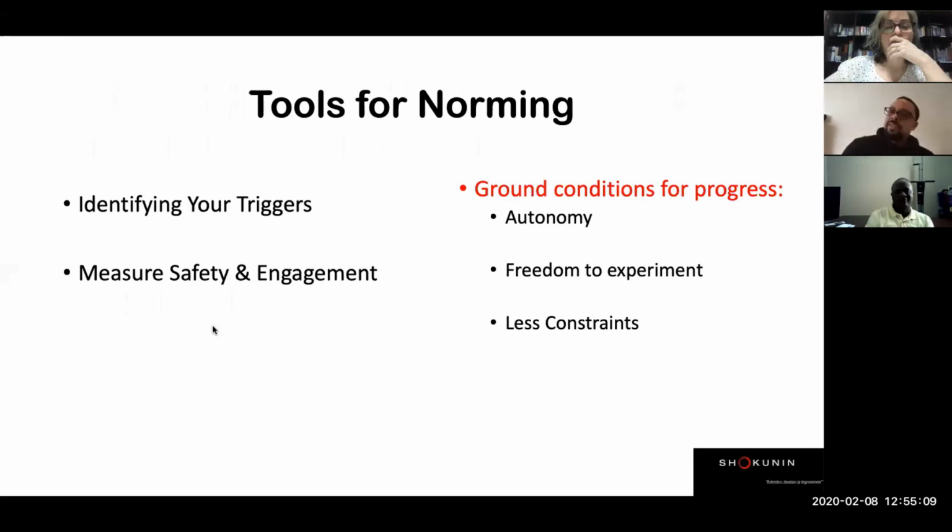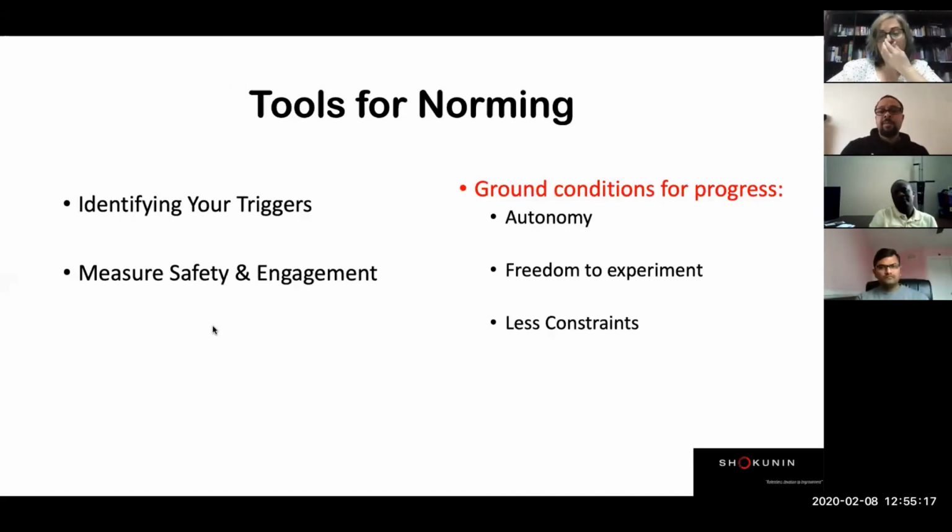One is triggers. I know that's really popular out in the world now. The way I learned it, there was a class that one of the companies that I work for actually brought in some training because we were having issues, and it was around triggers. I think the idea was that we were triggering each other.